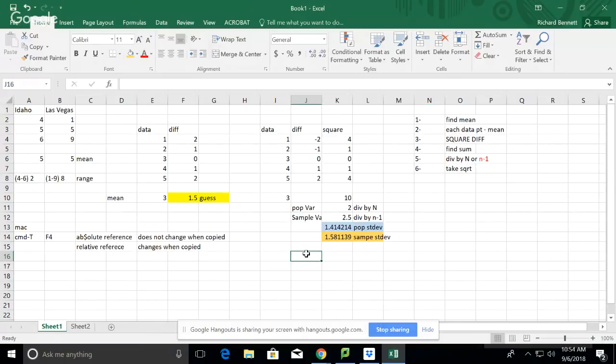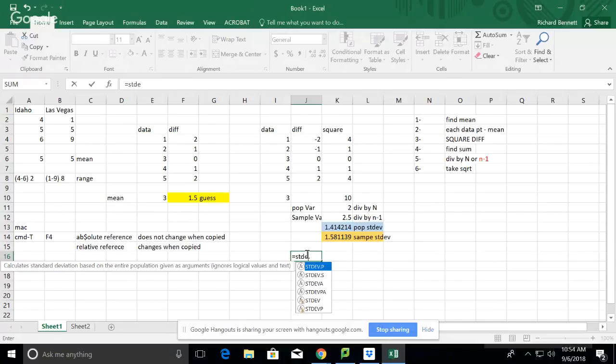But just to show you the cheater method, STDEV, look at that. On the test, if you want to check and see if you got the right answer, you can do that. But how many points is it going to be if you only do that? 0 points. What do you think the .P and the .S stand for?